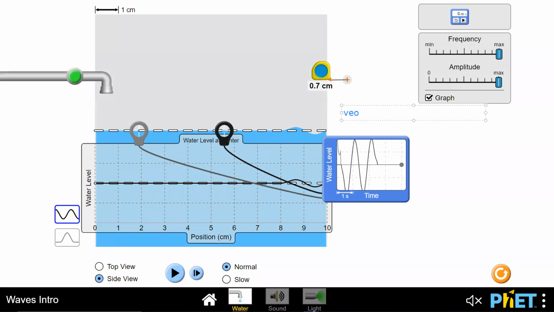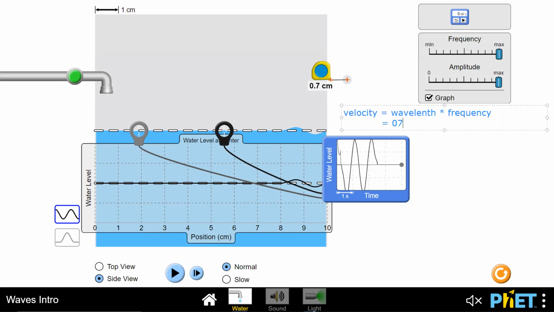Velocity of the wave is equal to wavelength multiplied by frequency, right? So in this case, you can take your own data, but I can show you our wavelength was 0.7 centimeter.